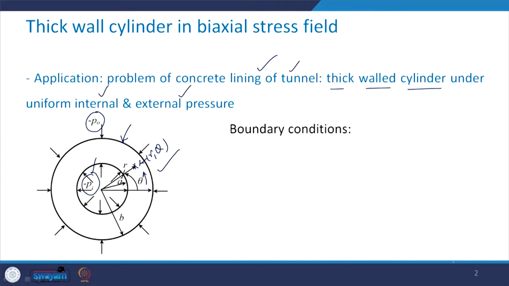We have for boundary conditions sigma r at r equal to a is minus Pi, and tau r theta at r equal to a will be equal to 0, and sigma r at r equal to b will be minus P naught, and tau r theta at r equal to b will be equal to 0.